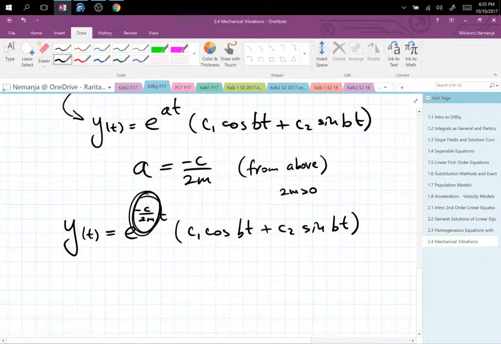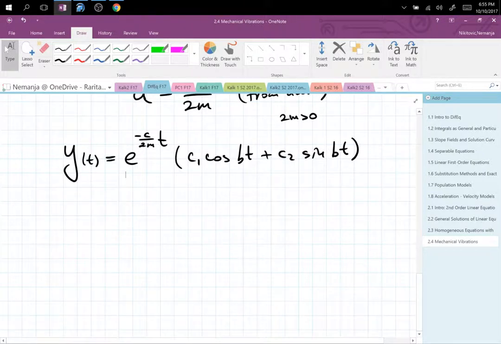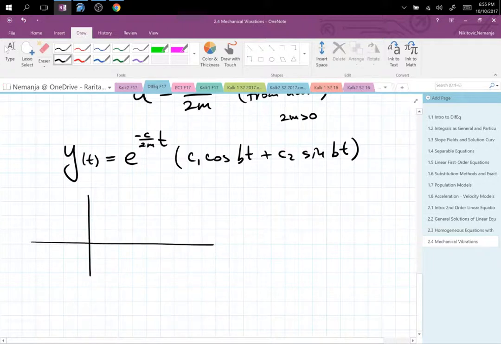This over here is a negative number in front of t. How do you graph an exponential equation with a negative exponent? Starts high and goes down, it's a decay, right? So you would graph it this way. Would you agree?